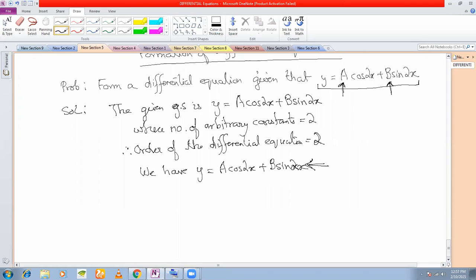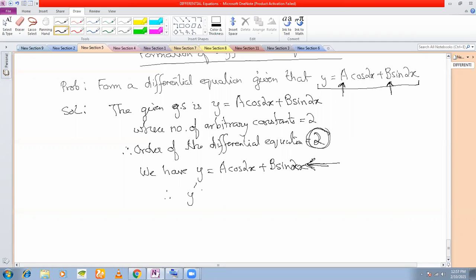You know why twice? Twice because the order of the differential equation is 2. Understood? Because the order of the differential equation is 2, we will differentiate this only twice and then form an equation.